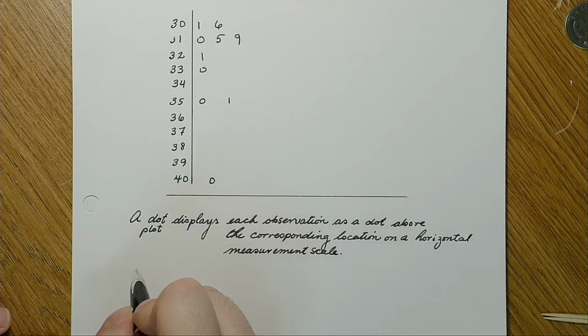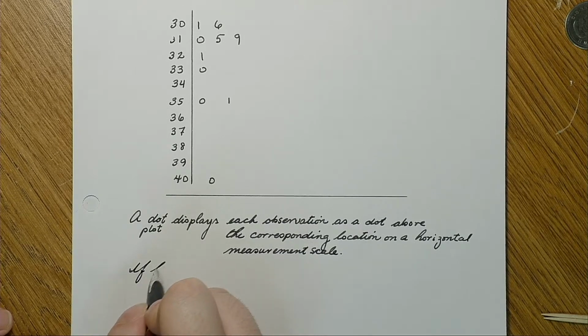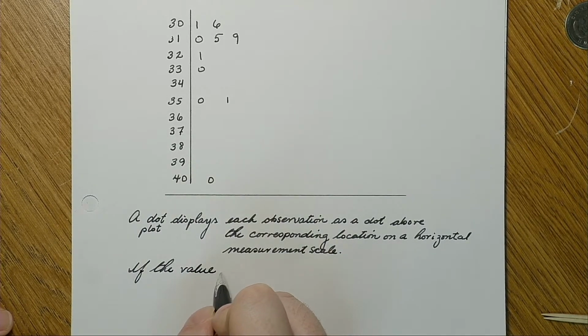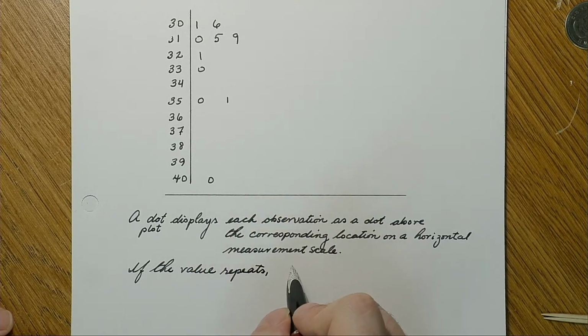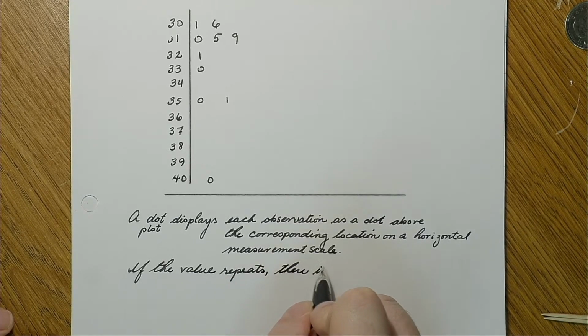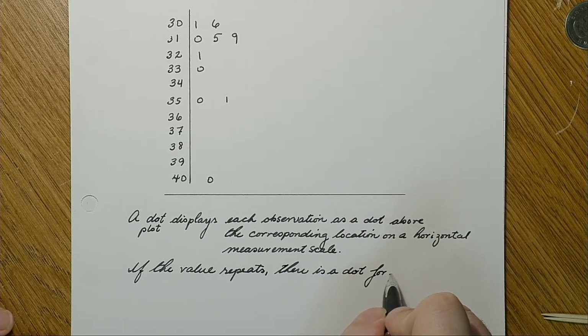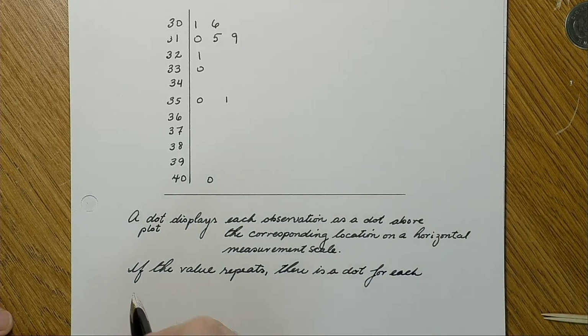And if a value repeats, there's a dot for each occurrence, and the dots are usually stacked vertically.